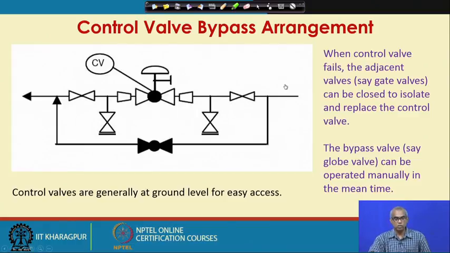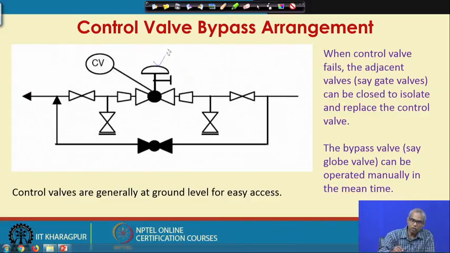The figure shows a control valve bypass arrangement. When the control valve fails, the adjacent valves can be closed to isolate and replace the control valve. So, in a process, the control valve is typically installed as shown in the diagram.